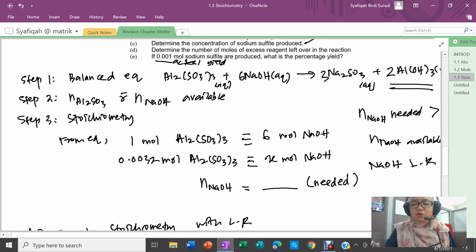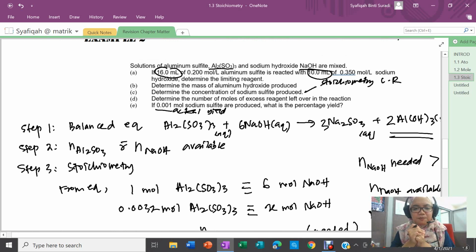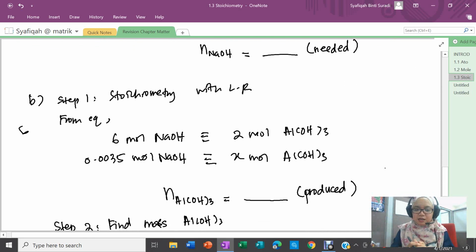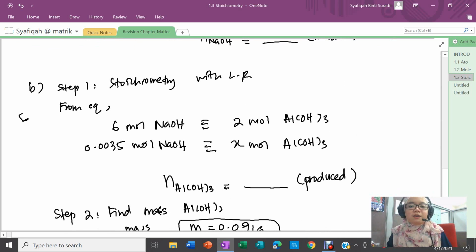So, apa conclusion untuk soalan stoichiometry ni? Okay, apa-apa pun, kata kalau soalan dia tak tanya pun awak suruh cari limiting reagent, tapi dia suruh awak cari mass of product form, concentration of product form. Mesti apa? Buat stoichiometry dengan limiting reactant. Okay, buat stoichiometry from equation, lepas tu from available punya mole of now untuk dapatkan berapa actually mole product yang akan produce.